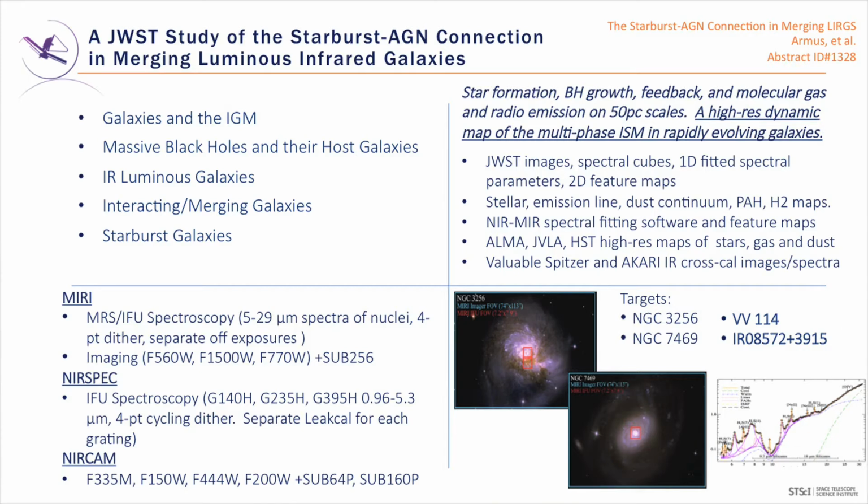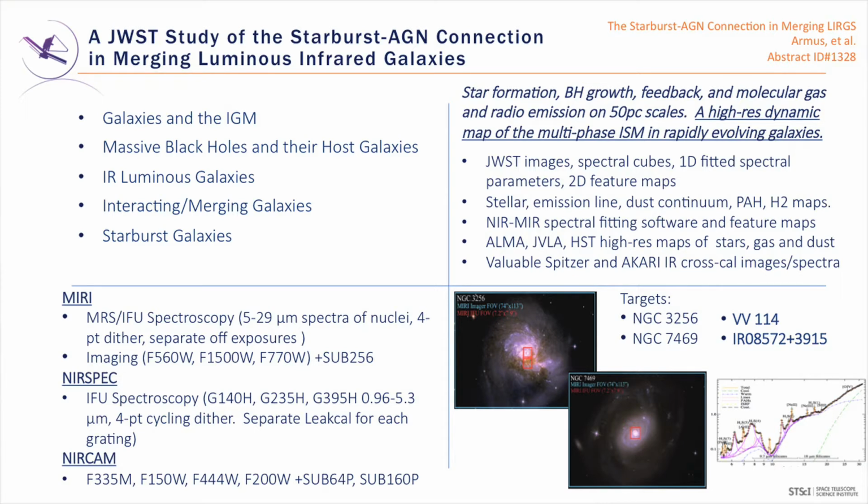For us, the most important part of this project is that it's going to produce a high-resolution dynamic map with a multi-phase ISM in nearby rapidly evolving galaxies, such as these merging luminous infrared galaxies. We're going to get JWST images, spectral cubes. We're going to make 1D fitted spectra.